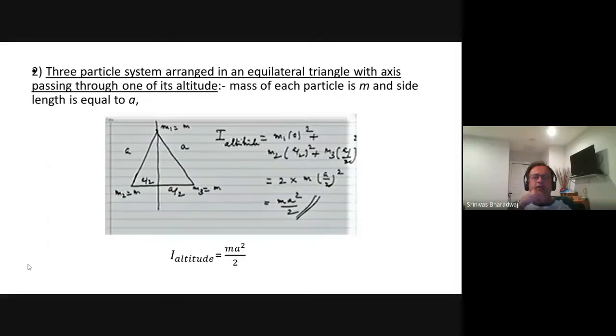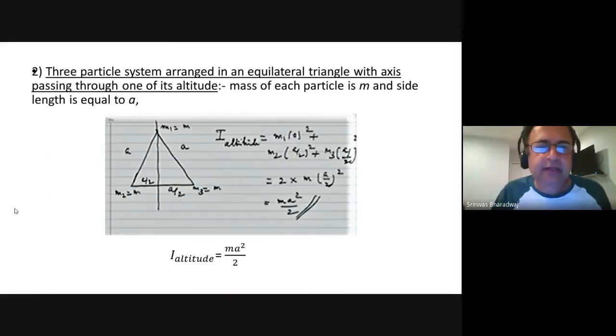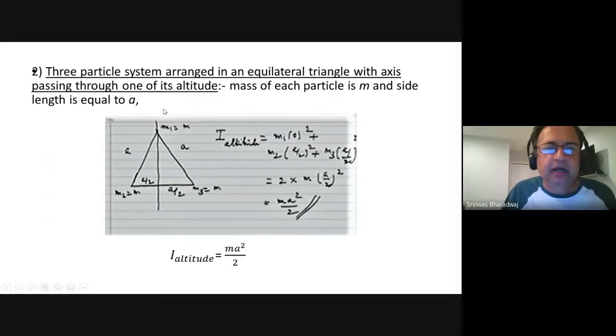Now, here he has three particles in a triangle, and he looks at the moment of inertia about this axis. This point itself has no r. R is 0 for this point, although there is a mass here. But these two points are at a by 2 and a by 2.